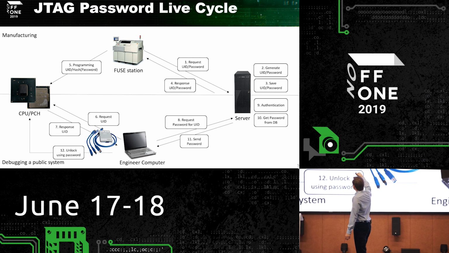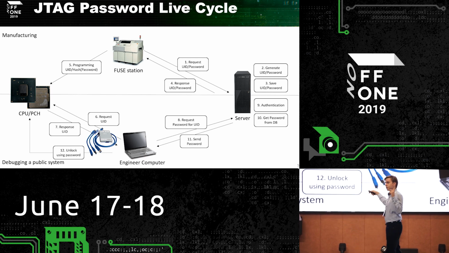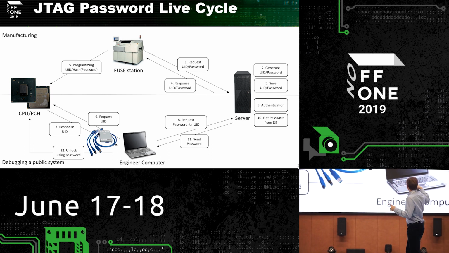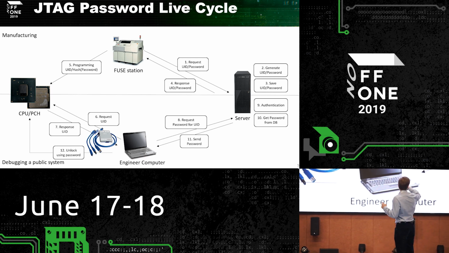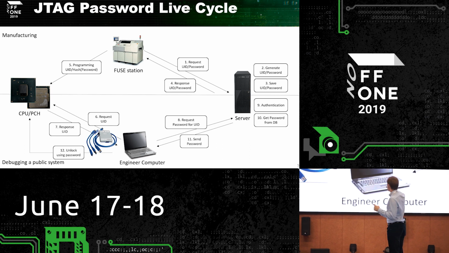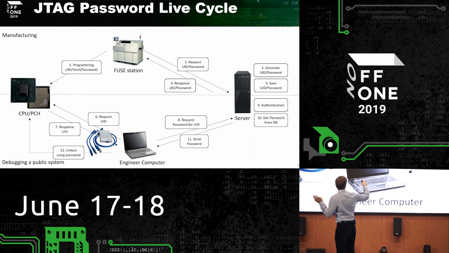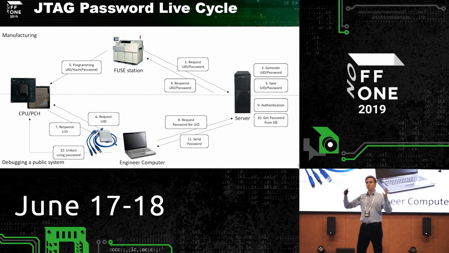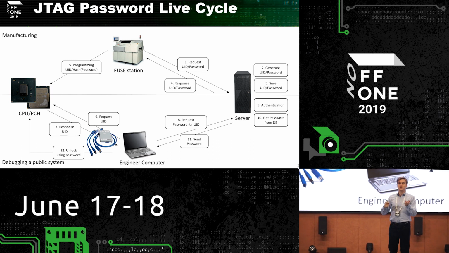Then it burns this value into a chip, and as soon as you need to debug something on the production platform, and I emphasize production, a special trusted person will connect an adapter to it or just a USB cable, will ask some special closed Intel server, and this server will authenticate them and send them the password. After that, the password will be sent to the chip, and you have read and unlock.